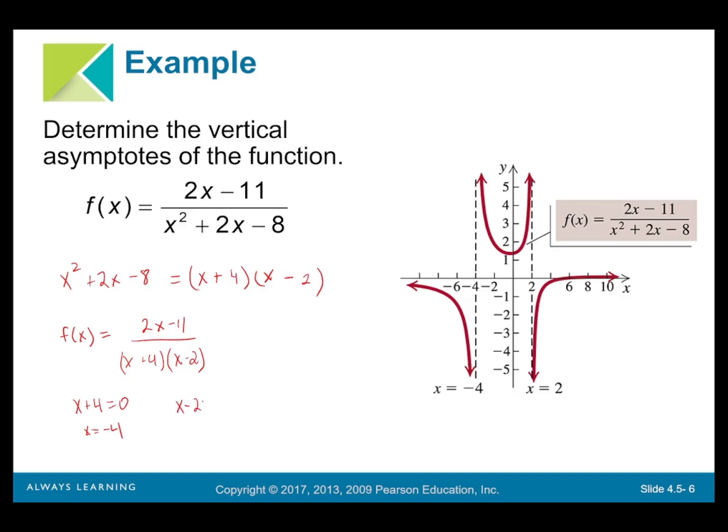We look at x minus 2 equals 0, we get x equals 2. So those are our two asymptotes. Notice that when I plug either of those back into my numerator, I do not get 0. So I know that they're both asymptotes. Looking at the graph, that's exactly what these dashed lines in here represent, the asymptotes of this graph.